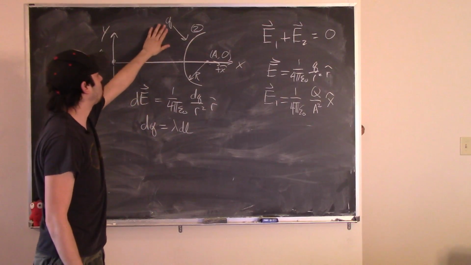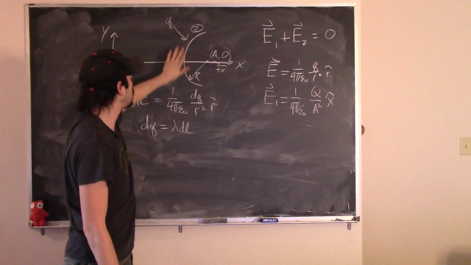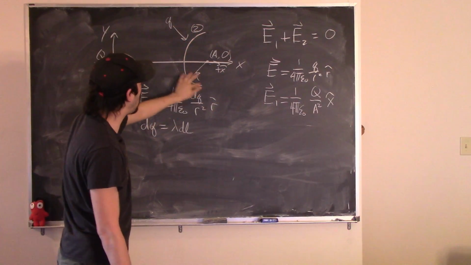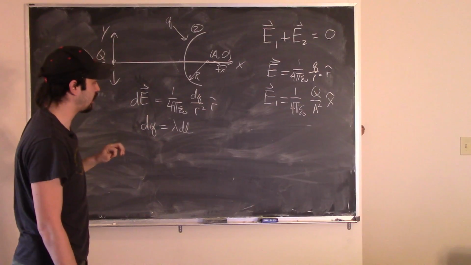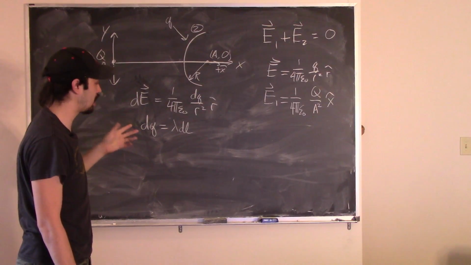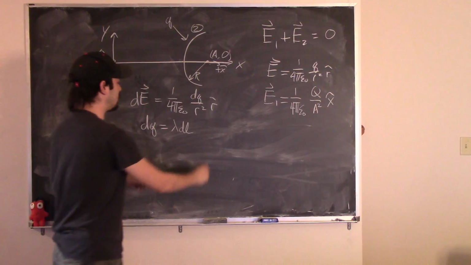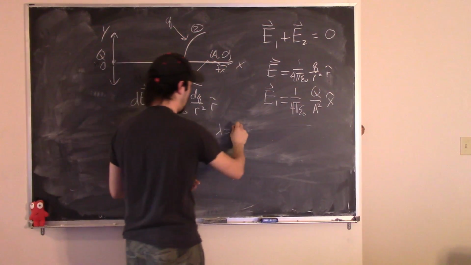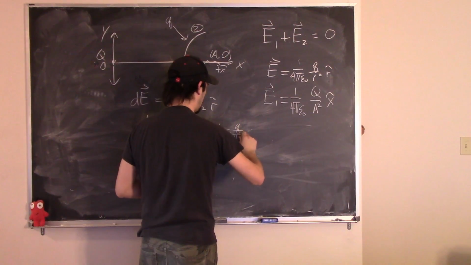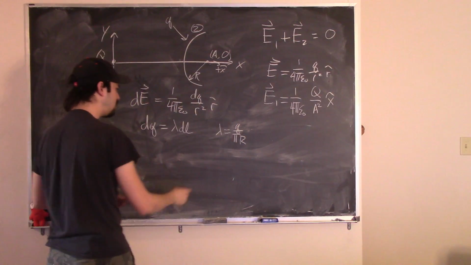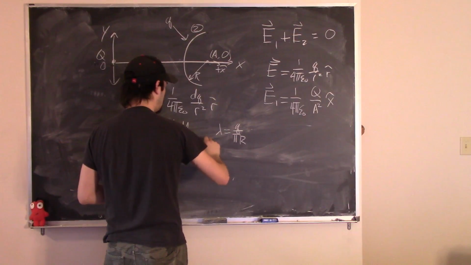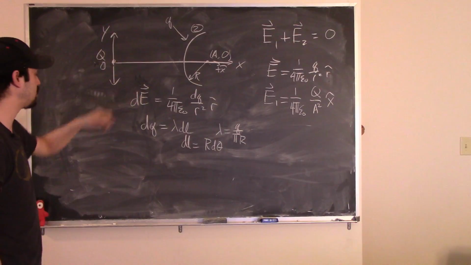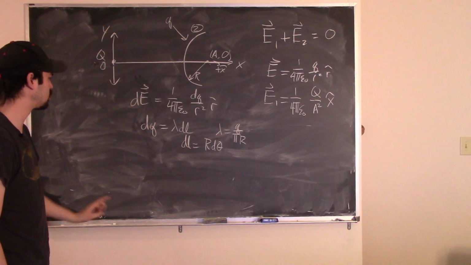So if I have this charge q evenly spread over this arc of a half circle that has some total arc length of pi times r, that says then that lambda is going to be the total charge q divided by the total length, so this is pi times r. dl is going to be equal to r d theta because we're dealing with the arc of a circle.